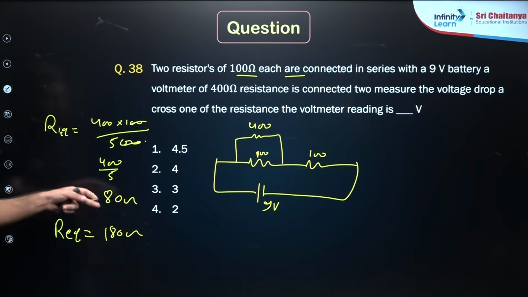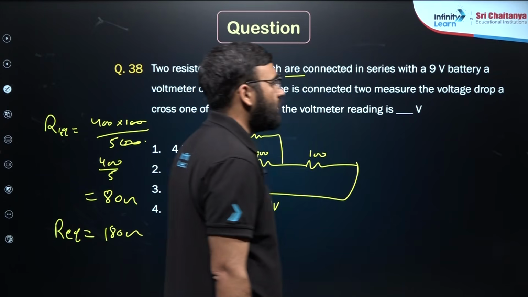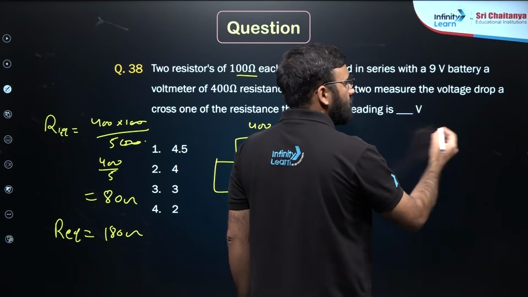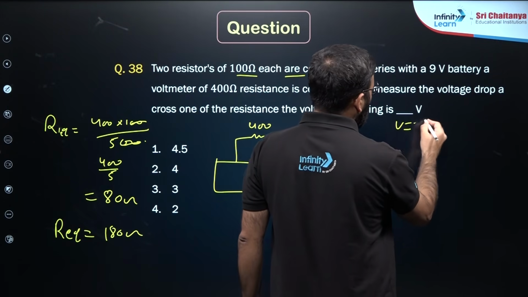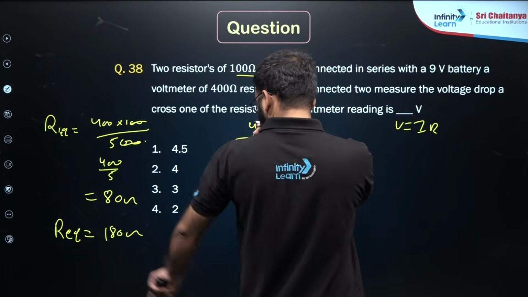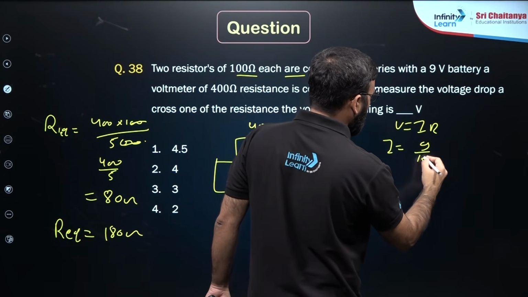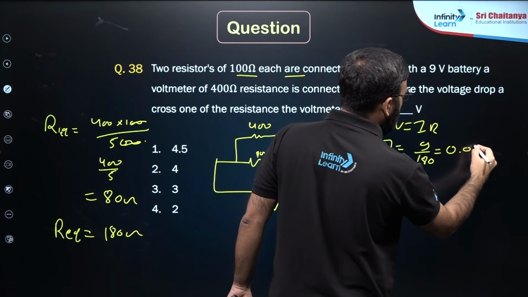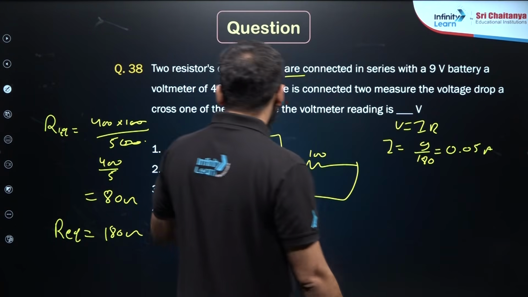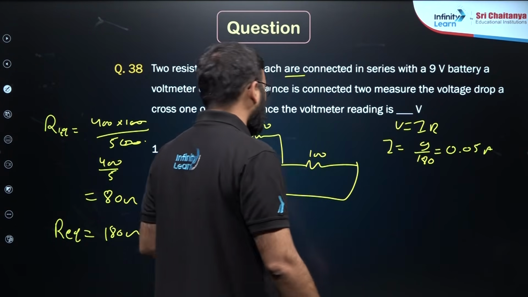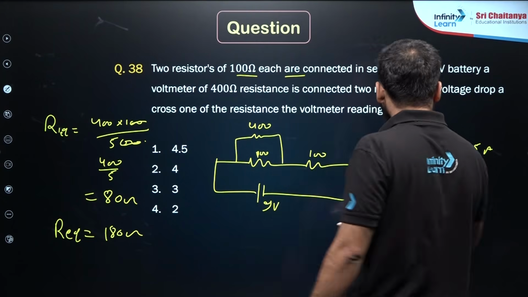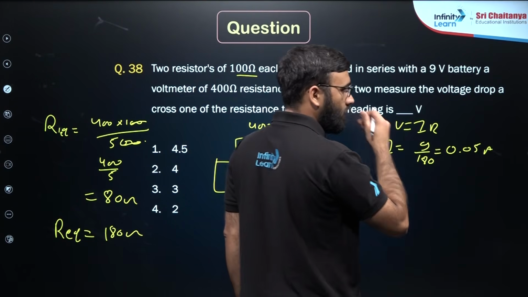So what is the current in the circuit? V equals IR. R is 180, so I equals 9 by 180. So this value is 0.05 ampere. What will they ask? The voltage drop across any one of these. So what is the voltage drop across this one?